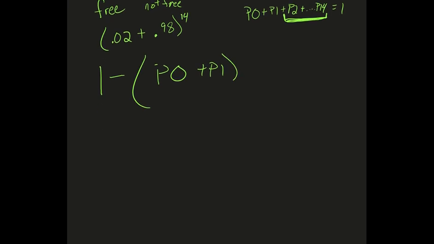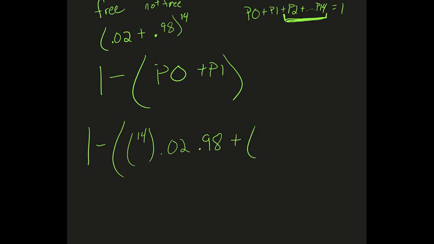And watch your parentheses when you're doing this. So set this up. The probability of 0 free ones, well, we've got our 14c something, 0.02 to some power, 0.98 to some power. And then the same thing for the probability of 1 free order.